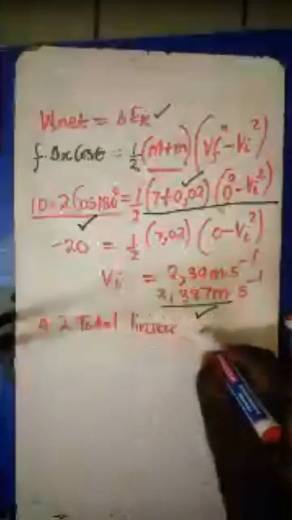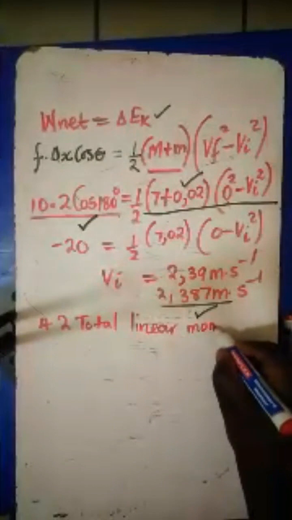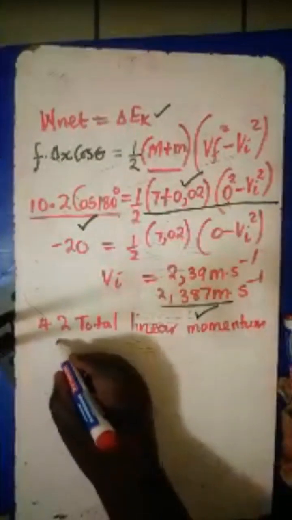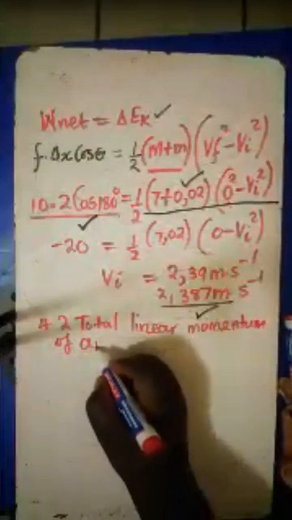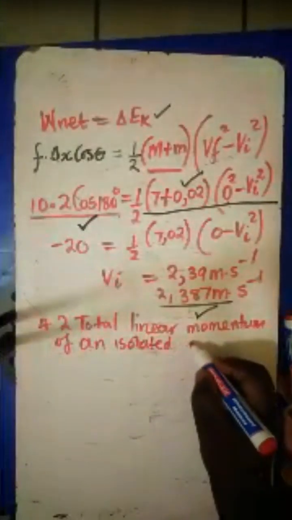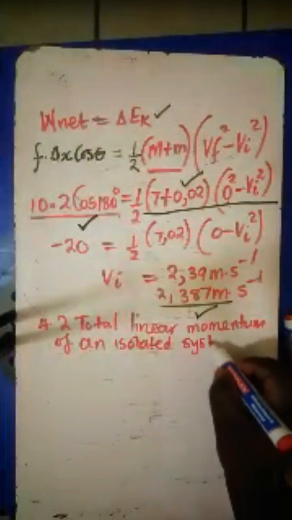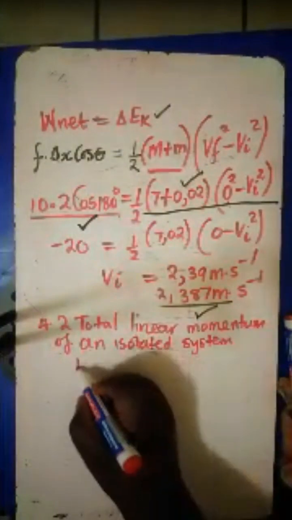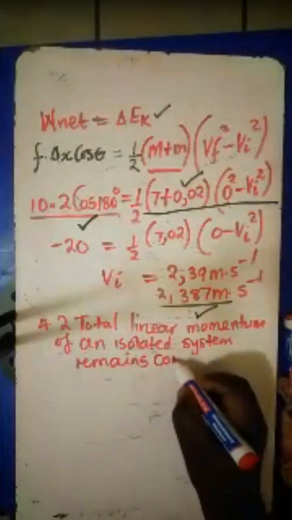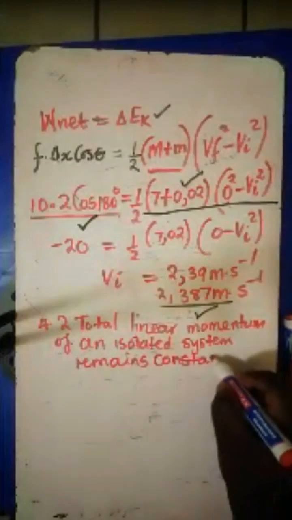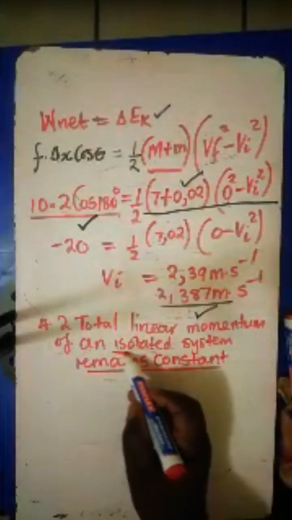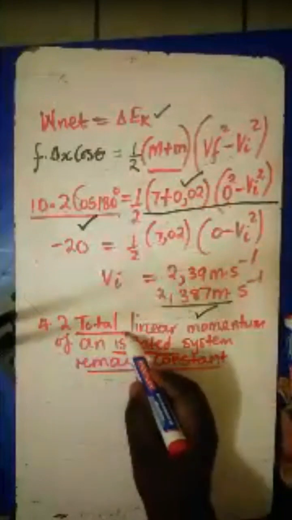Total linear momentum of an isolated system, or a closed system, remains constant. Where are my keywords? Remains constant, isolated, total.